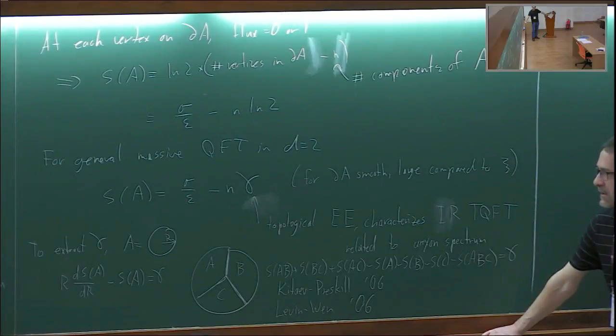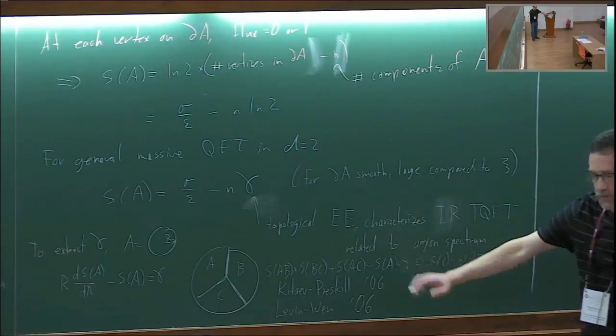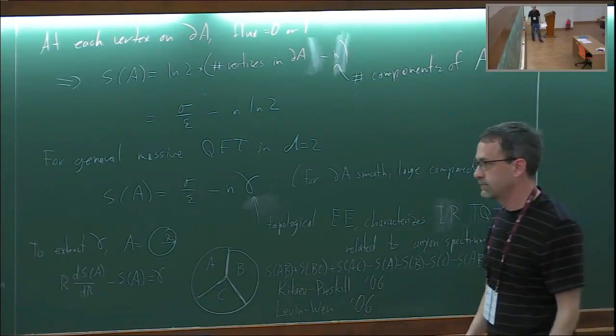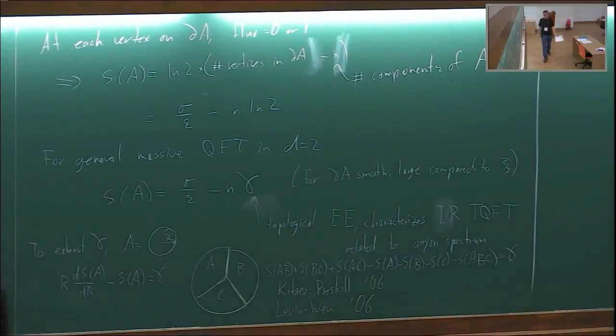This is actually a very efficient way to do it. You compute your entanglement entropies, and then you do one of these things, and you learn what gamma is. And if gamma is non-zero, then your system has topological order, assuming that it's not critical. Hopefully you can tell whether your system is critical or not.